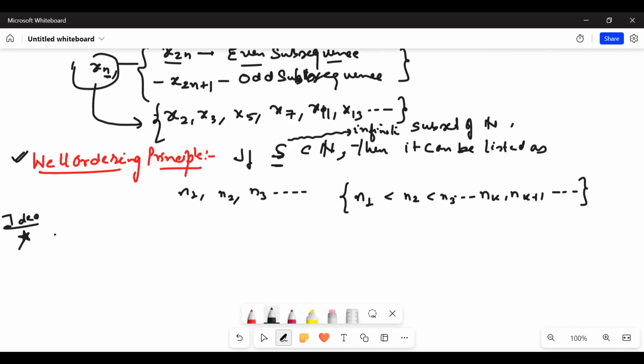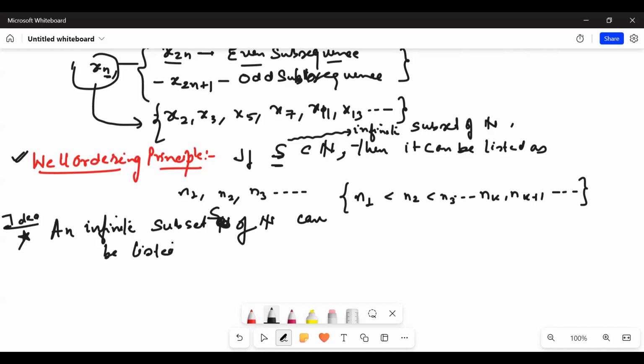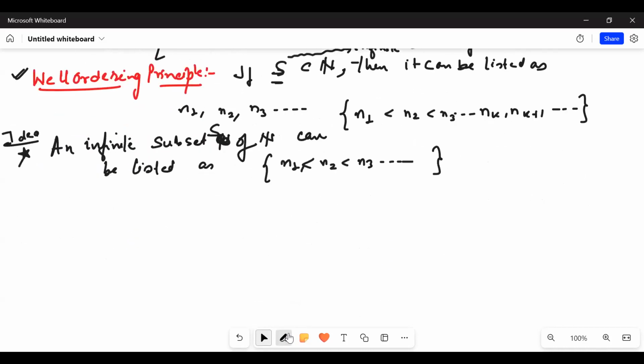Again, an infinite subset S of N can be listed as n1, n2, n3 in this fashion. See how to do it.